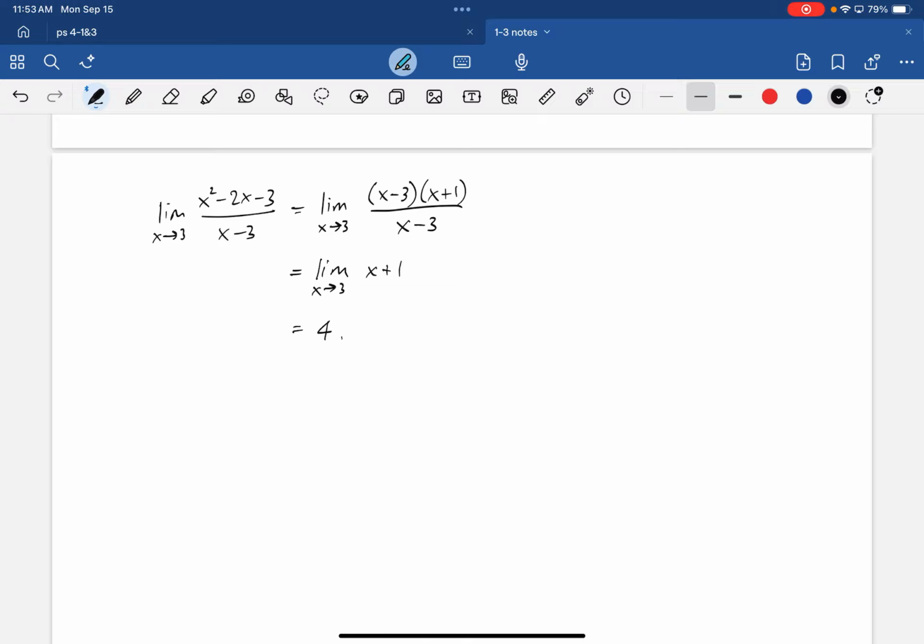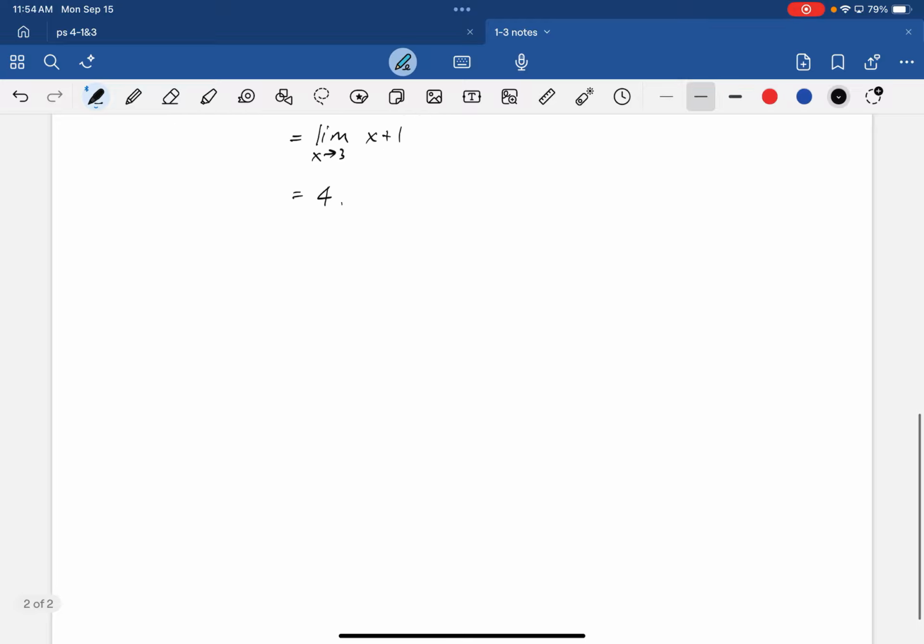So that's how we figured that out, okay? So today we're going to be encountering several examples of those situations where the numerator equals 0 and the denominator also equals 0. But if we do some factorization and then canceling out, we're actually going to be able to evaluate the limit pretty easily, even though the function is not defined at that specific x value. Okay?